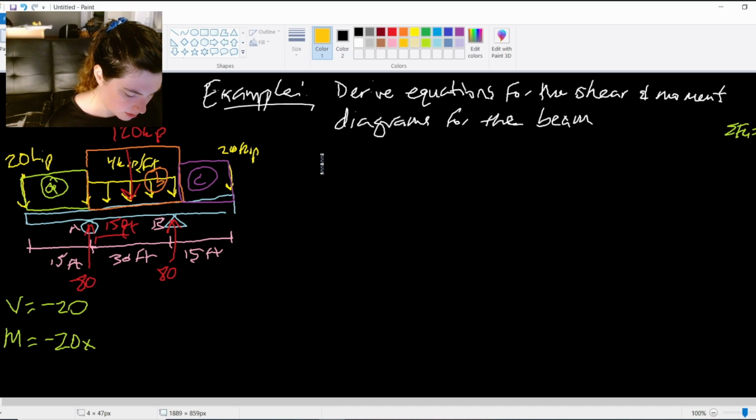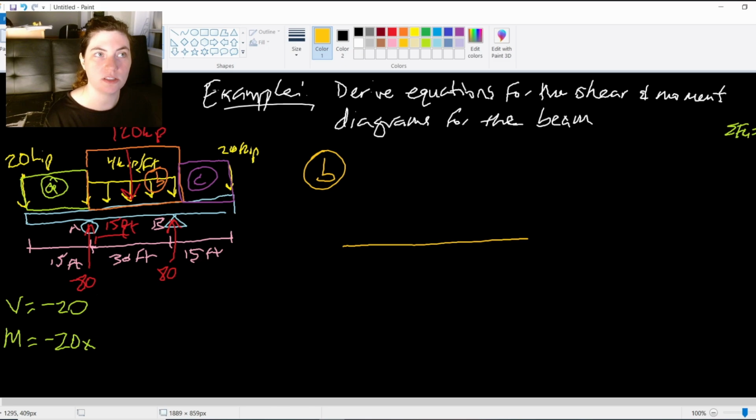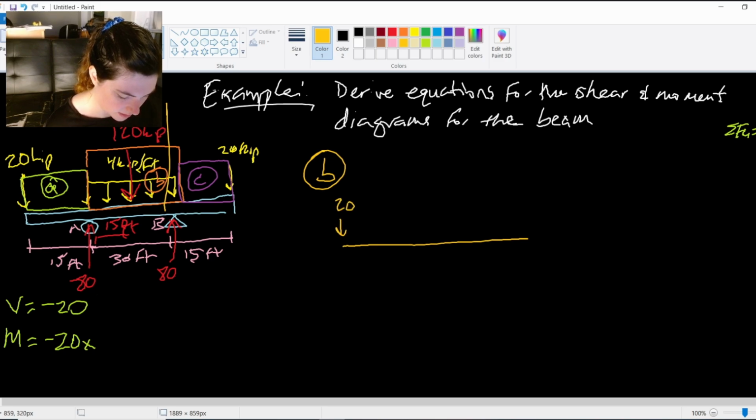If I look at my load continuity region B, remember it includes everything to the left of B, where I'm going to make this cut through it. So I have that 20 kip force on the end. Then I have that 80 kip reaction force at A. And then I have my distributed load.